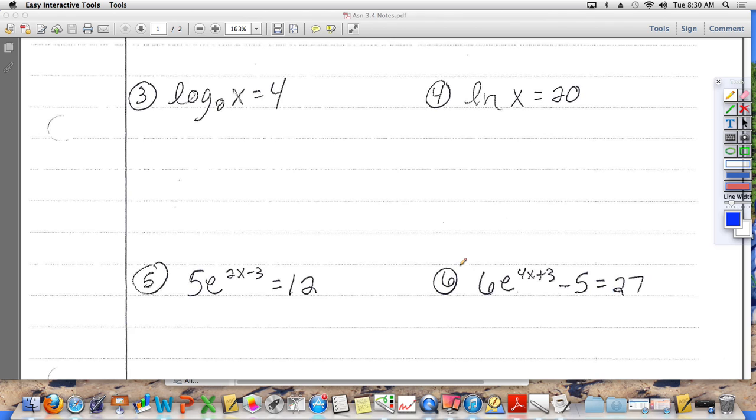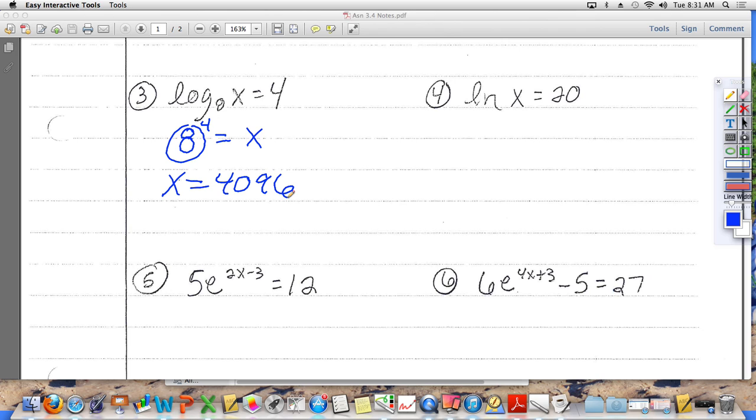Log base 8 of x is equal to 4 becomes 8 to the power of 4 is equal to x. Remember, this 8 has to stay the base value. What is 8 to the 4th power? That means 8 times 8 times 8 times 8, which is 4,096. So x is equal to 4,096. Not so bad, right?